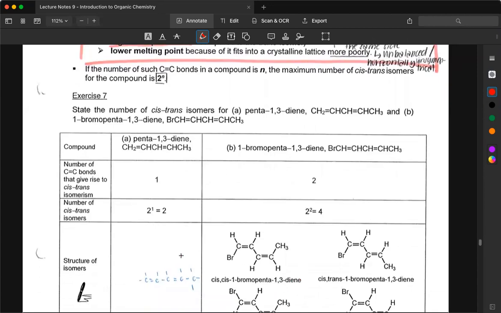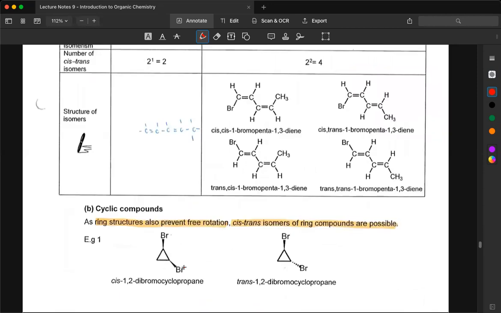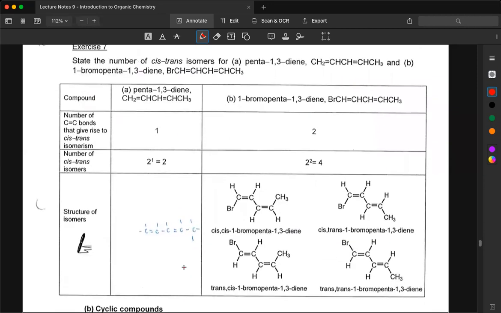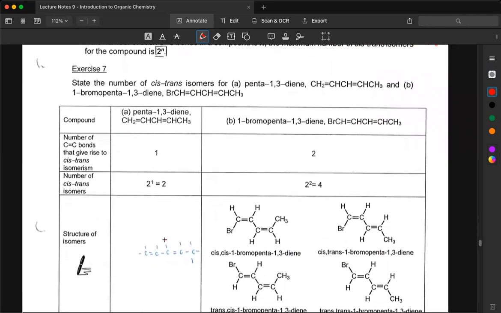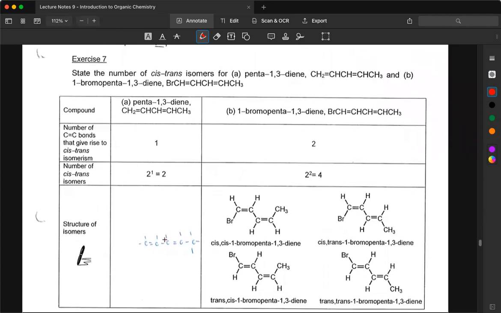So the 4 isomers are like this. Cis 1-bromopenta-1,3-diene. Cis-trans 1-bromopenta-1,3-diene. This one is on the same side.